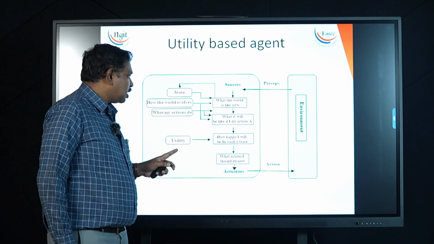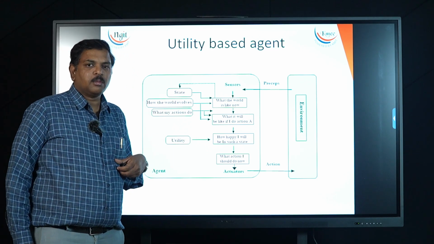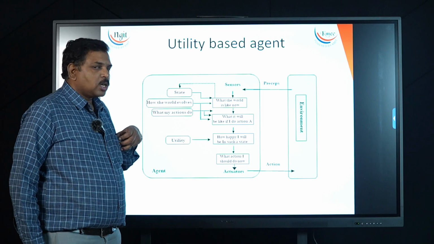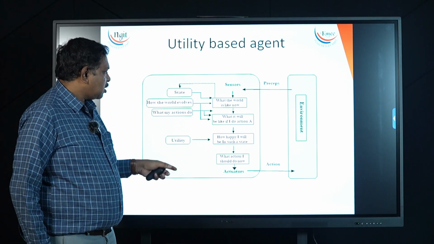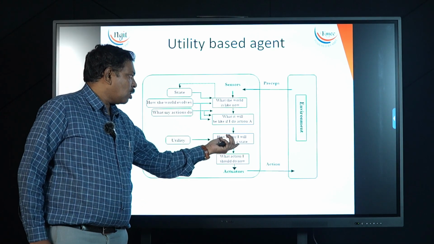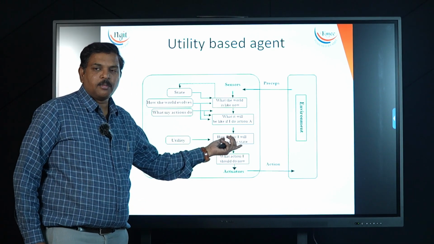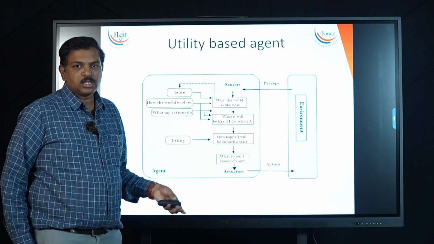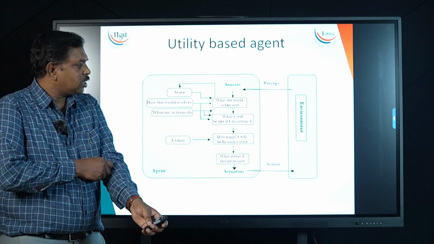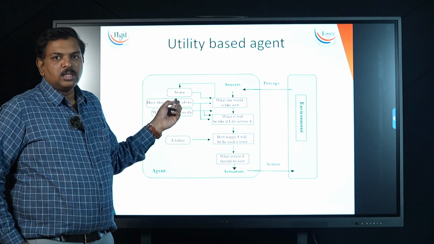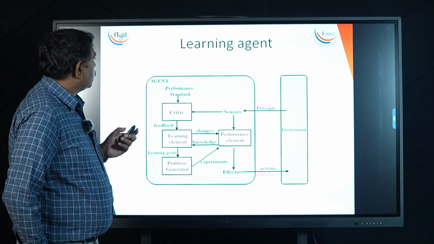It's not a goal, it's utility. Suppose a person is working for a company. Suppose he is working only for money, that may be a goal. But suppose he says, I am not working for that, I am working only because it makes me feel happy. That is a utility. He doesn't want a goal, but he is looking at whether he is able to reach small things or not. This kind of agent is utility based.